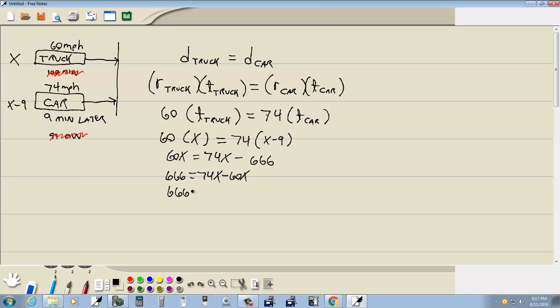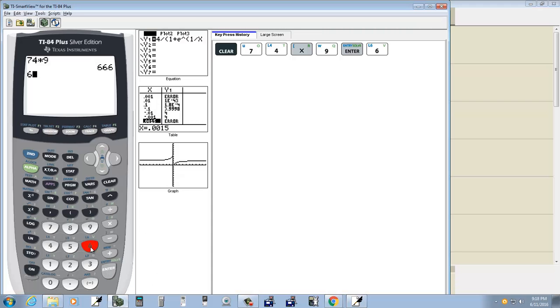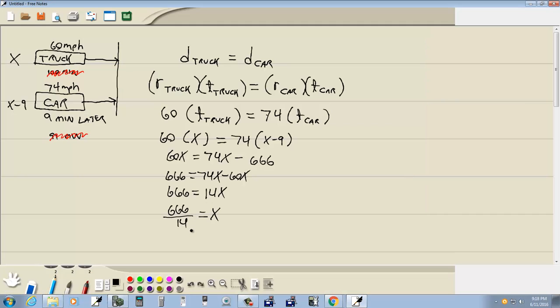And we've got 666 equals 14x. Divide both sides by 14. And rounding, we get 48 minutes.